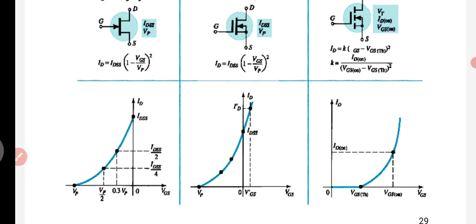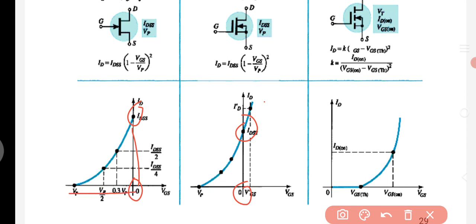When VGS equals 0, ID equals IDSS, the maximum value. When we increase VGS in the negative direction, ID decreases from the maximum value to the pinch-off voltage.